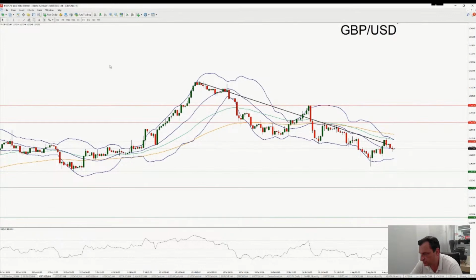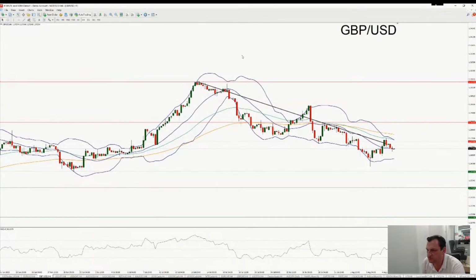However, at this point, I would like to recalibrate also the resistance lines. Say, for example, there's a clear-cut resistance level here. Well, I would also like to note this level.